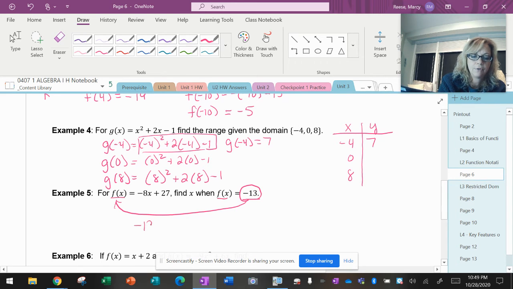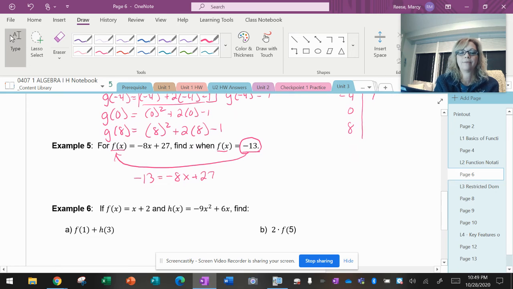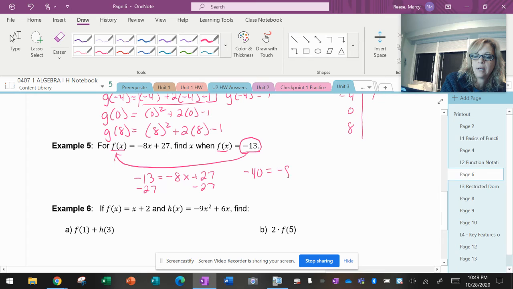So negative 13 equals negative 8x plus 27. Do the math. Minus the 27, I get negative 40 equals negative 8x, divide by negative 8, and that is 5 equals x.